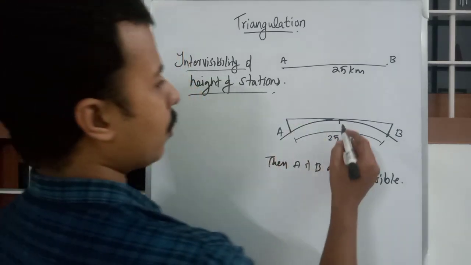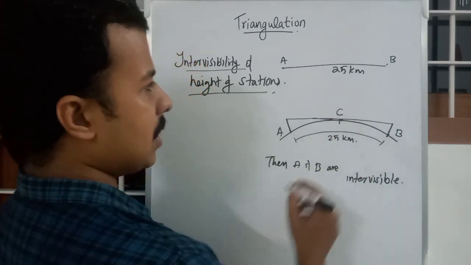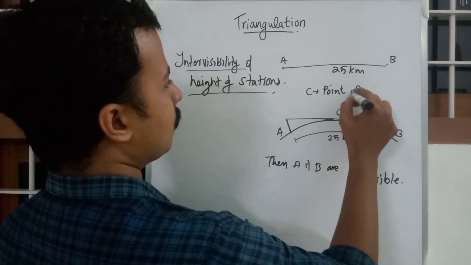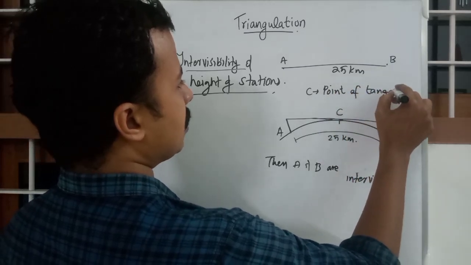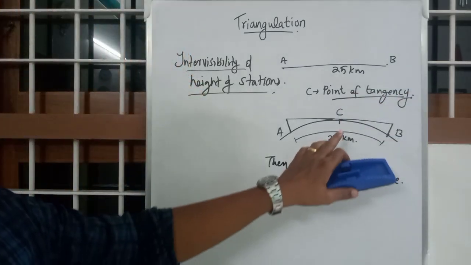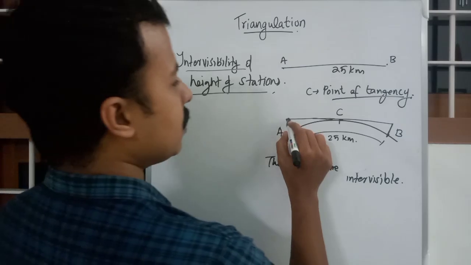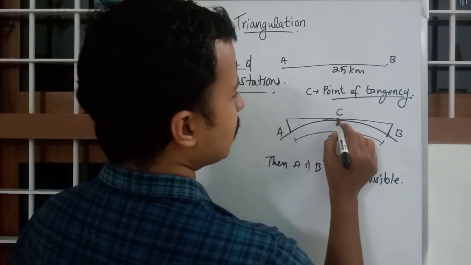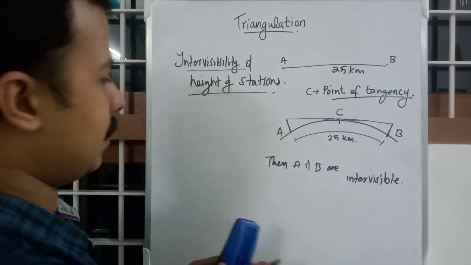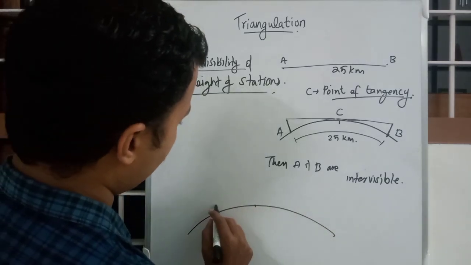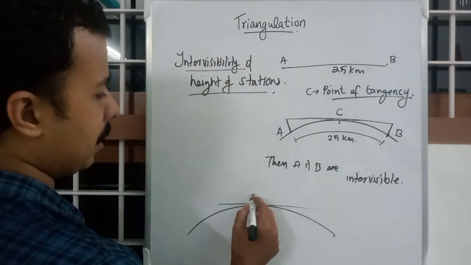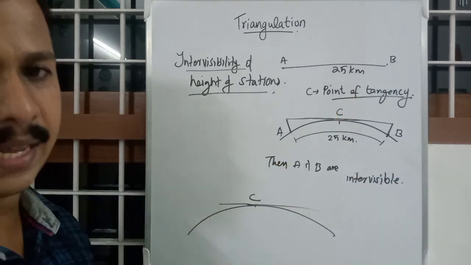We name this point C, and C is the point of tangency. It is important. C is the point through which this imaginary line of sight is just passing. If this is the ground, the line of sight is passing like a tangent. That's why we call it C, point of tangency.